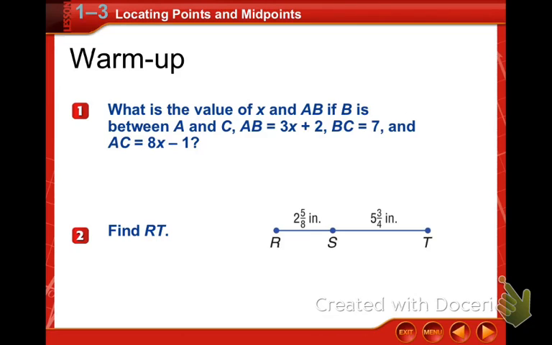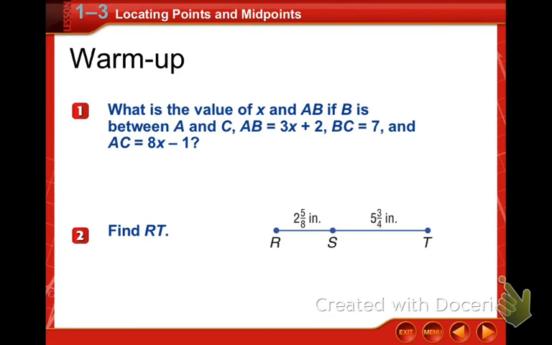So here's our warm-up. What is the value of x and AB if B is between A and C? We have AB is equal to 3x plus 2, BC is equal to 7, and the whole thing, AC, is 8x minus 1. So all we have to do here is add AB and BC together and set it equal to AC.